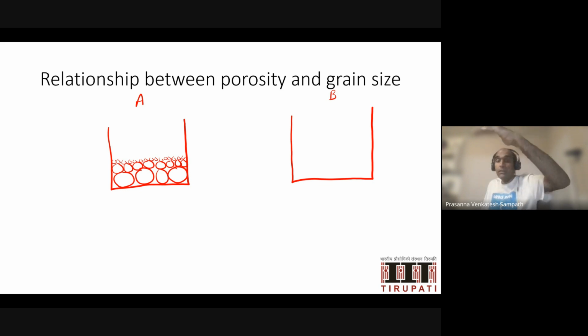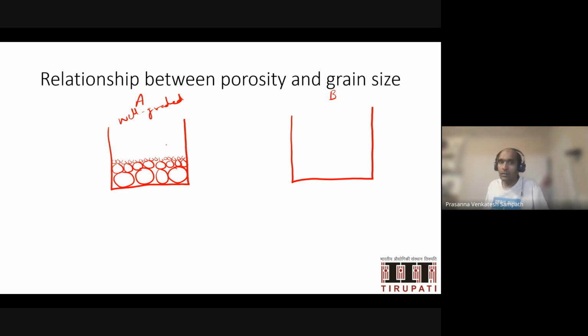All the biggest particles are at the bottom, the next bigger particle is above that, and so on. Just 3 levels is enough to make you understand what I'm trying to say. This is what you can call well graded. There are grades of sizes and they're all well graded.